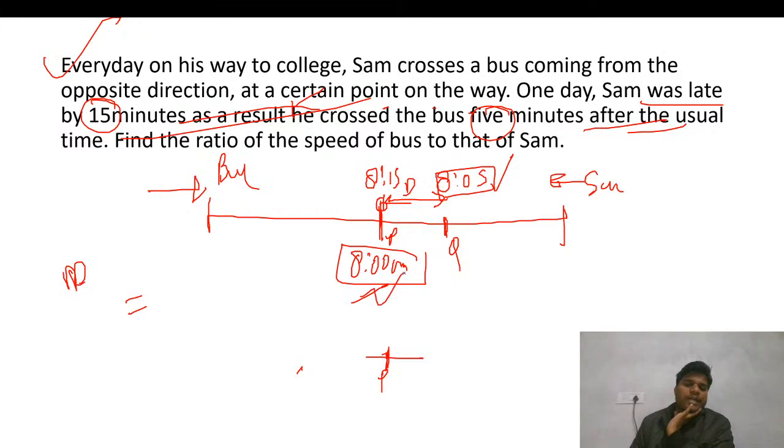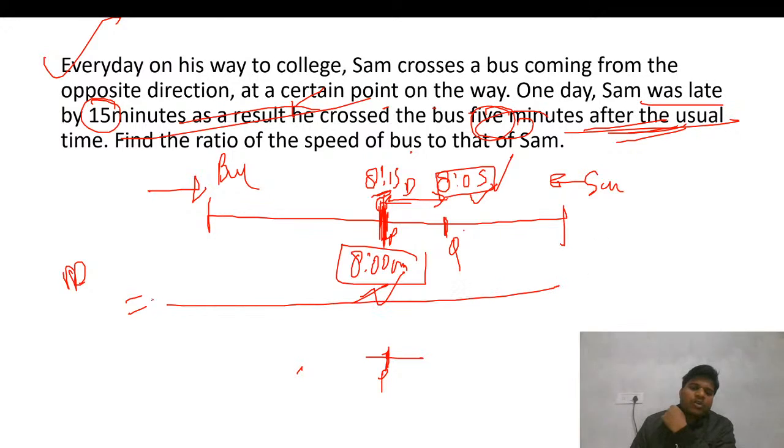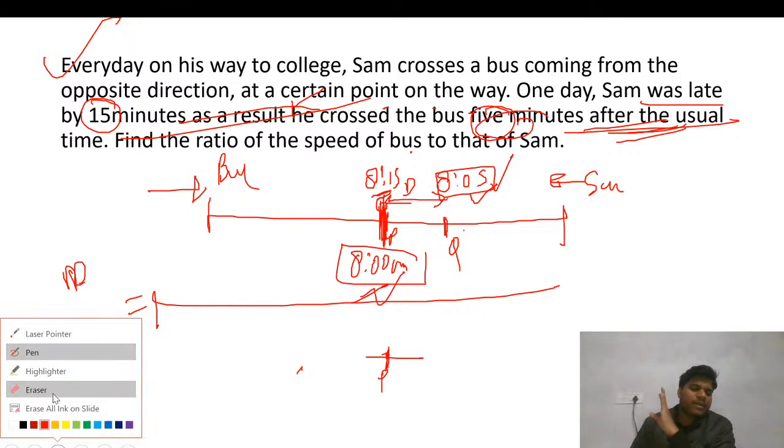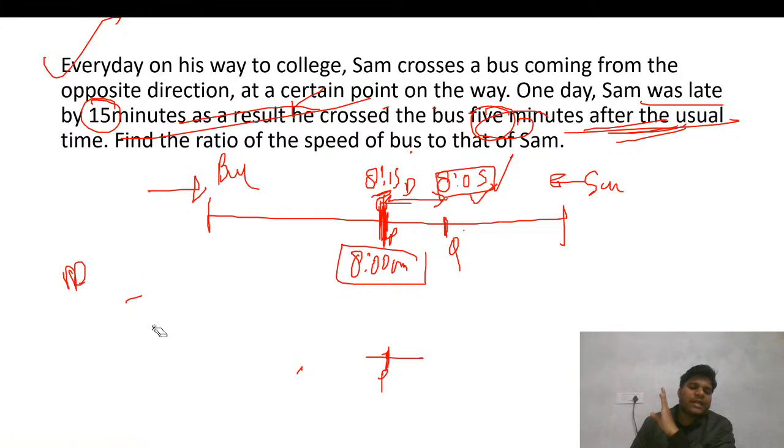Our usual time was 8 a.m. and they meet 5 minutes after that, so that is 8:05. Sam will reach this point 15 minutes late. At any point on this line, Sam will be late by 15 minutes.